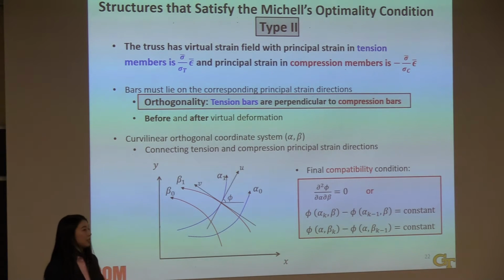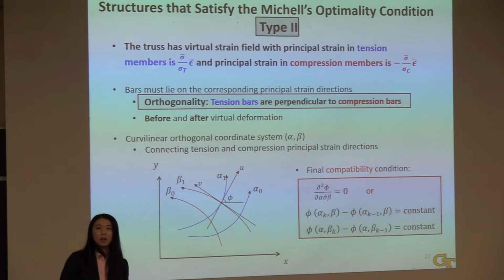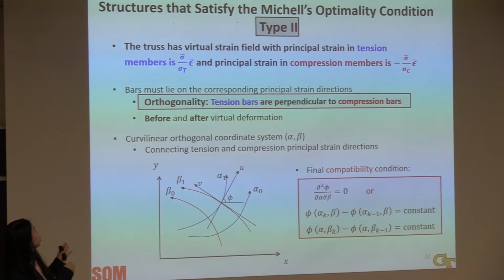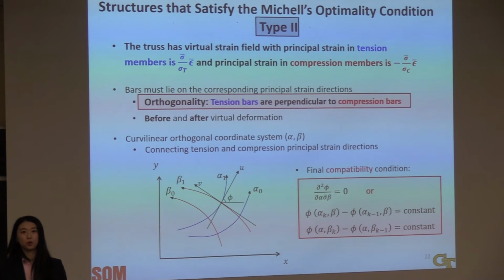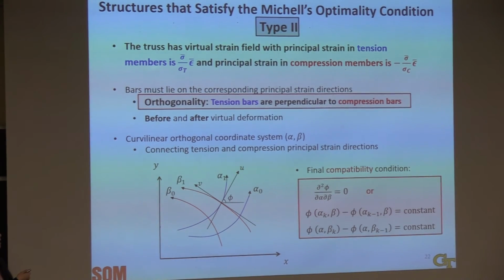The second type is a little bit more complicated. It is essentially the second part of the condition of the Michell truss. What it means is that the bars must lie on the principal strain directions if it is an optimal structure.